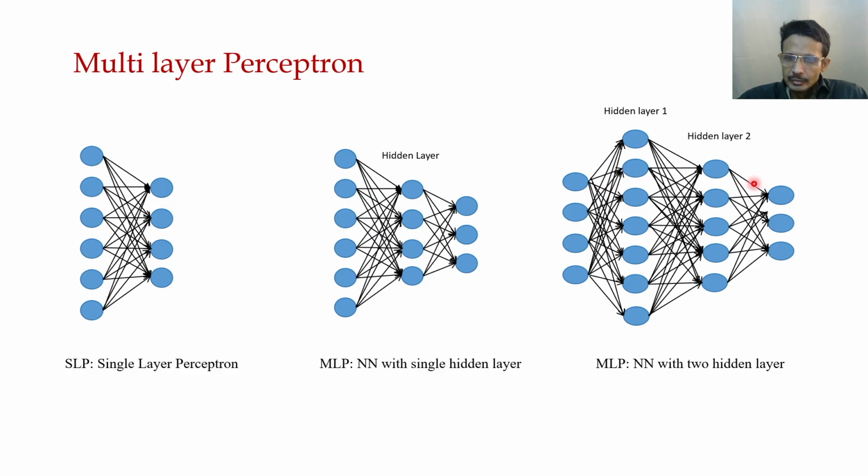In an MLP, the hidden layer increases the expressiveness of the model. In a very simplistic way, we can say the model becomes more powerful, or it can model more complex problems. So these are the basic architectures of MLPs with single and multiple hidden layers.